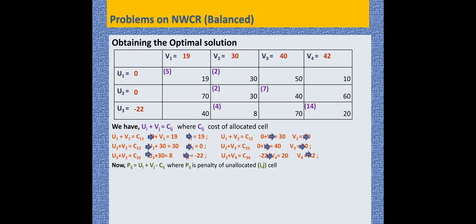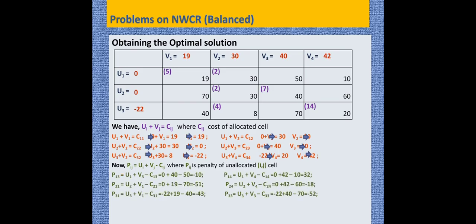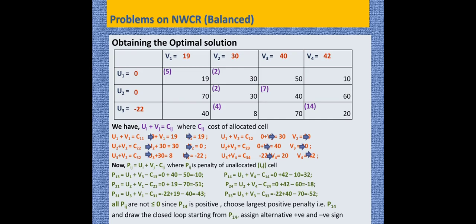Now again I need to calculate the penalties of the unallocated cells. So again not all Pij are less than or equal to 0, since P14 is positive. So again I am choosing only one, the one with the largest penalty.